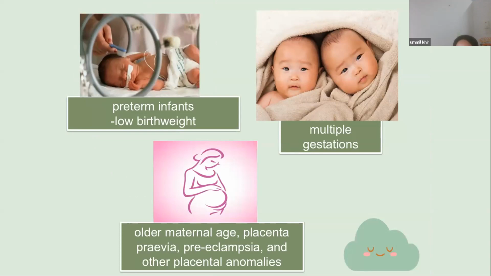The incidence of hemangioma is increased in infants with lower birth weight, and multiple hemangiomas more commonly occur in multiple gestation. Development of hemangioma is also associated with prenatal factors that include maternal age, placenta previa, preeclampsia, and other placenta anomalies. So how are these related to development of hemangioma?